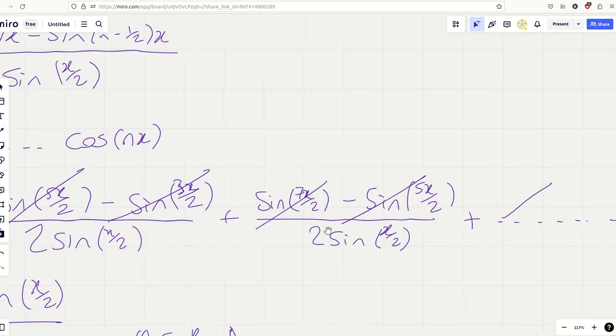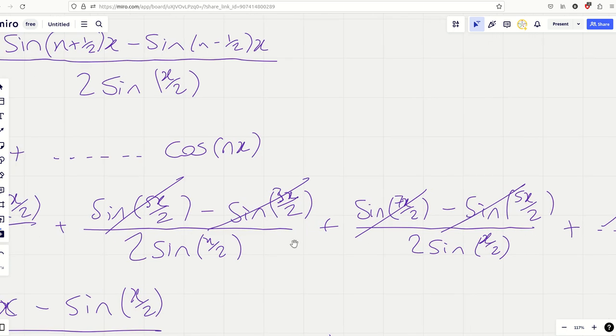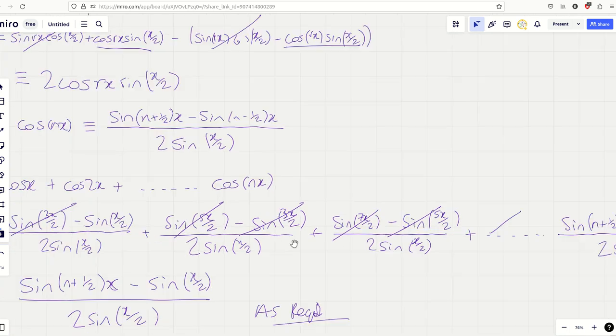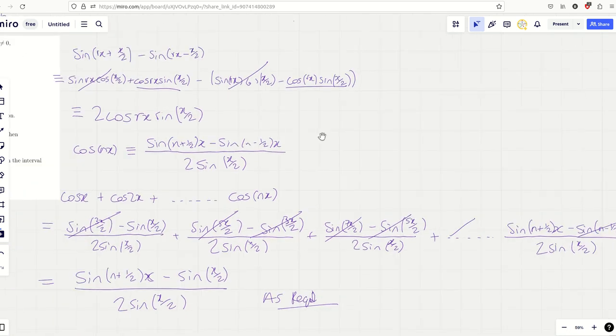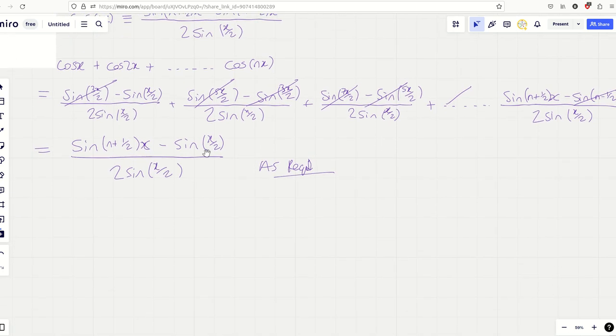Now you can see I've already started crossing out the terms which cancel, because if we just zoom out a bit to see that expression, it is in full. This term is going to cancel with this term over here. This sine 5x over 2 is going to cancel with the next minus sine 5x over 2. The sine 7x over 2 is going to cancel with a minus sine 7x over 2. You're going to be left with a minus sine x over 2 at the start.